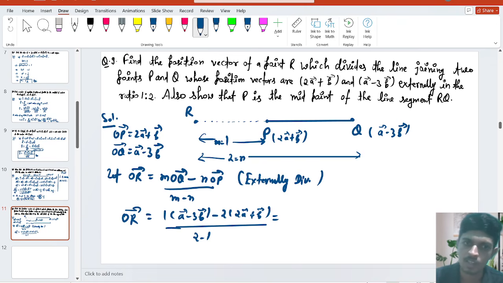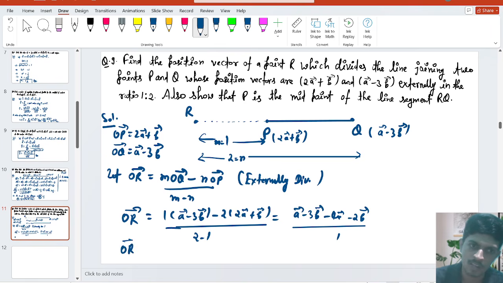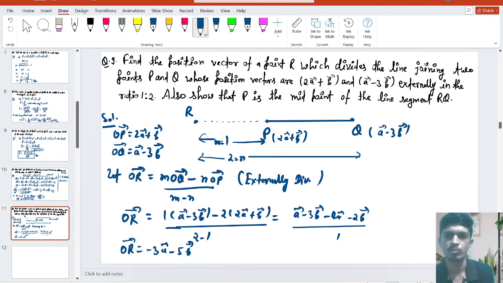You get vector A minus 3 vector B minus 4 vector A minus 2 vector B, upon 2 minus 1 which is 1. So vector OR equals minus 3 vector A minus 5 vector B. I hope it is clear to you.